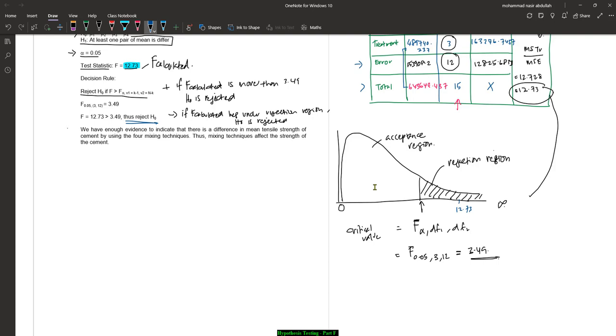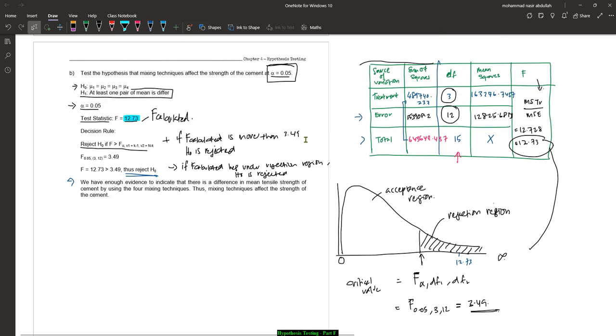So the conclusion is we have enough evidence to indicate that there is a significant difference between the mean tensile strength of cement by using 4 mixing techniques lah. So ataupun kita boleh kata at least one pair of mean tensile strength is different, right?